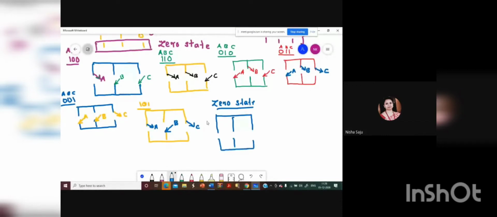The first combination is 1, 1, 1, that is A, B, C are all 1. How can we represent this? 1, 1, 1 means this will be connected to A phase, this to B pole, and this to C pole. So this is your A, this is your B, and this is your C. This will be a shorted condition. And then again, if you have 0, 0, 0, the bottom part will be shorted.